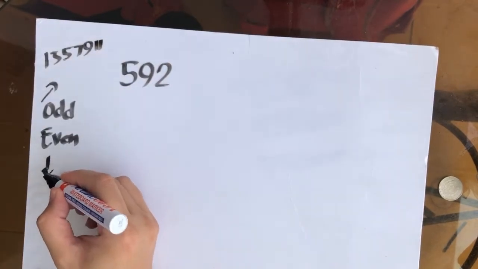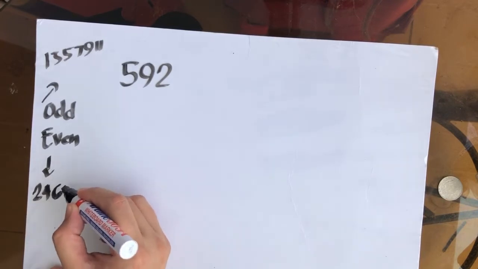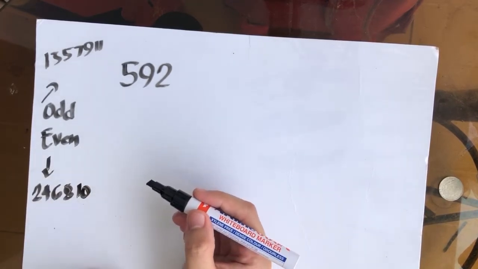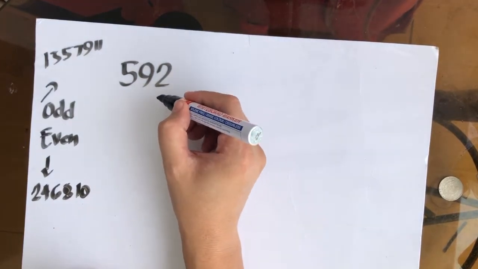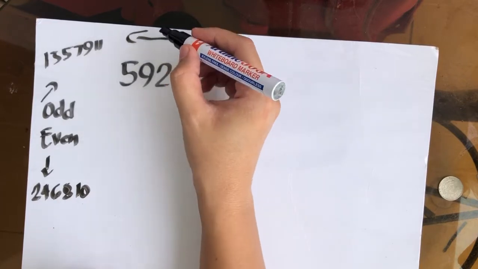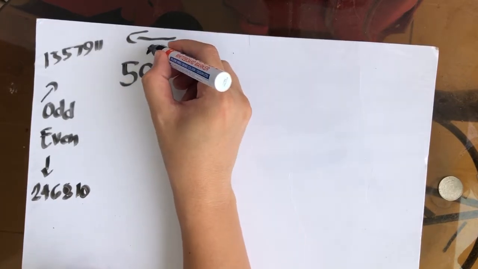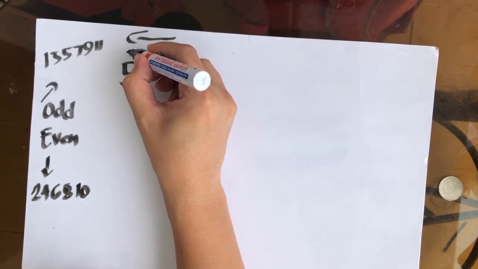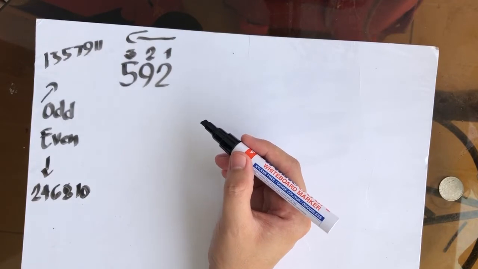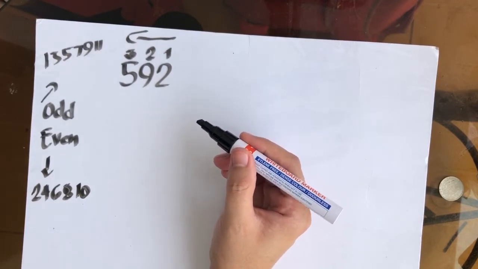Sa even naman, we have the 2, 4, 6, 8, and the 10. Okay? So, from the right, going to left tayo. So, ito yung digit 1, ito yung digit 2, ito yung digit 3. Okay? So, hindi yan mga number ha. Yan ay yung kanilang digit place o yung kanilang parang sabihin natin na place value.